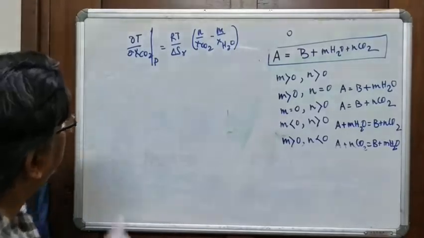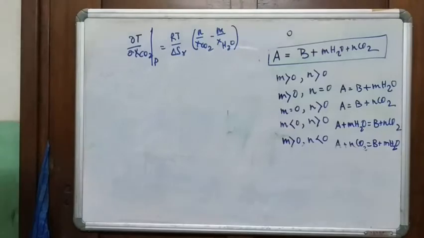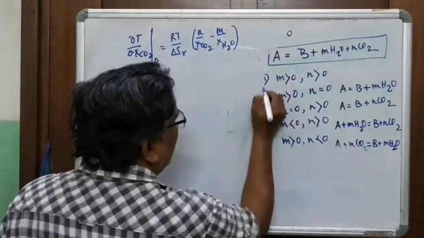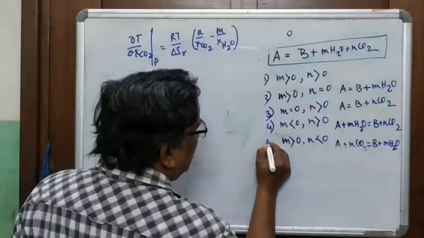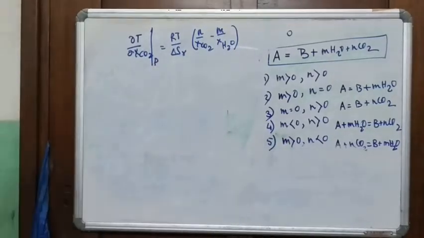Now you see here, if we are trying to find out this, let us give these numbers 1, 2, 3, 4, and 5. Let's say there are 5 cases.